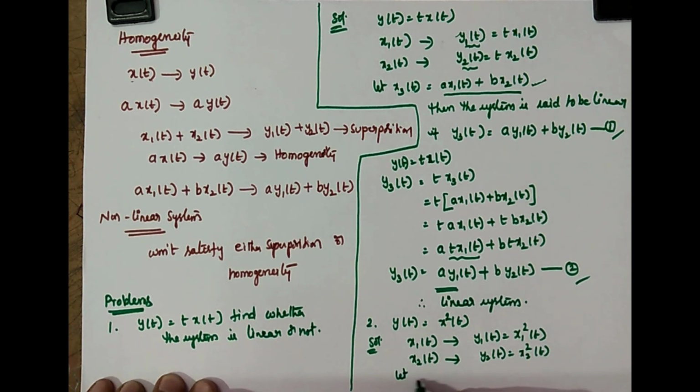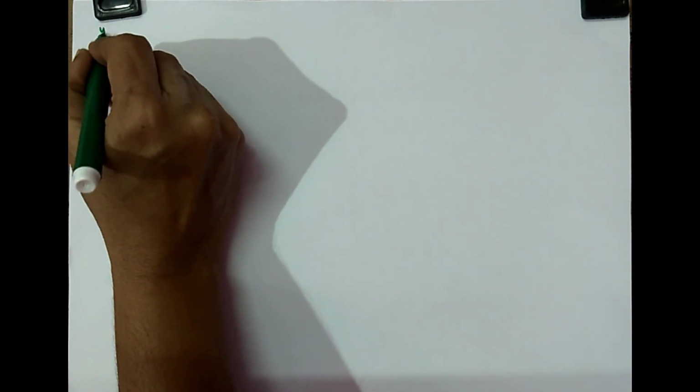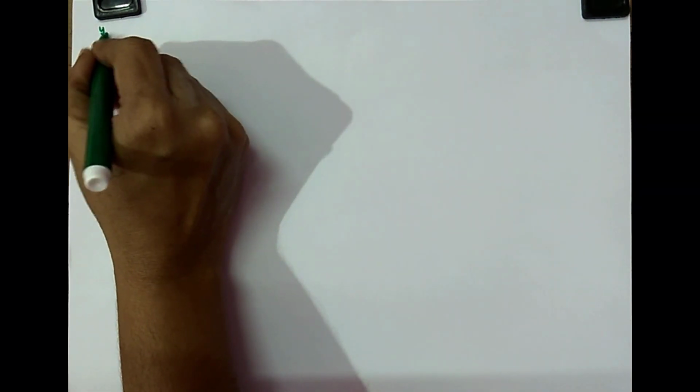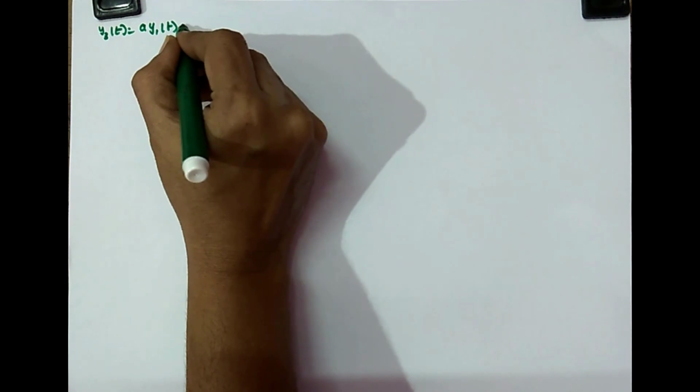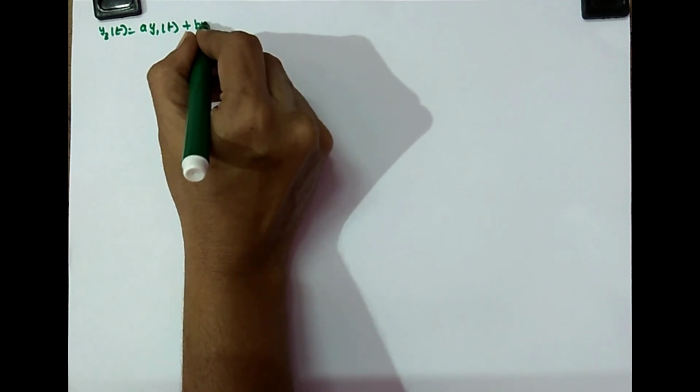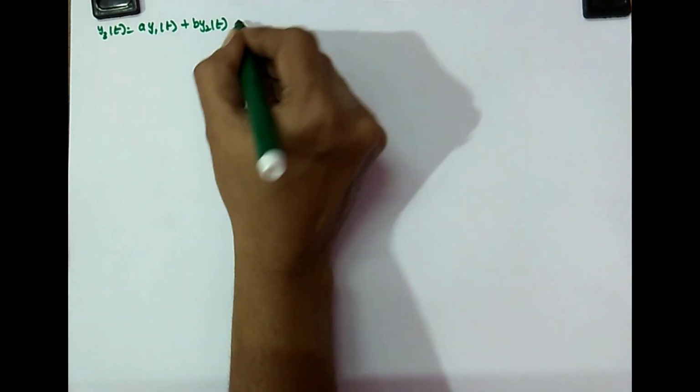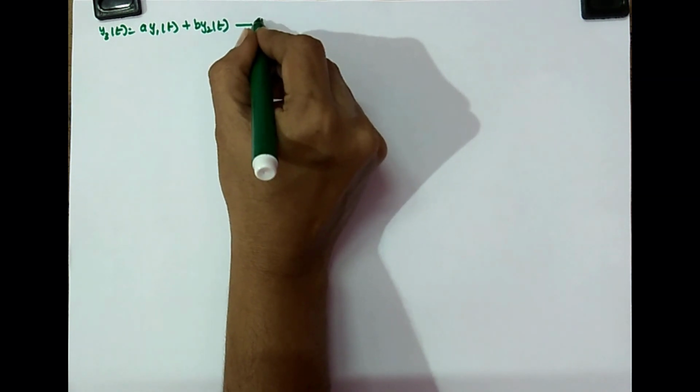Let x3 of t equal to a into x1 of t plus b into x2 of t. Then the system is said to be linear if y3 of t equal to a into y1 of t plus b into y2 of t. Okay. So let this be equation number 1.